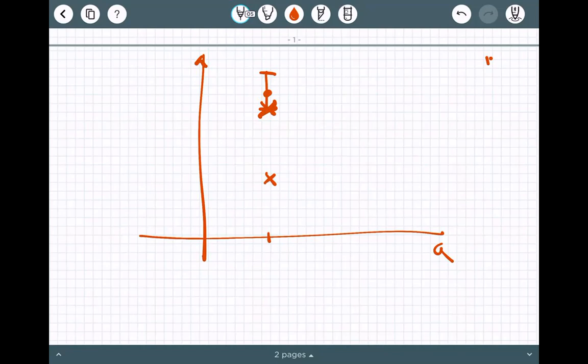You see, this is the first order perturbation theory, and this is the second order perturbation theory. What do you immediately notice between these two points? That they are very different.